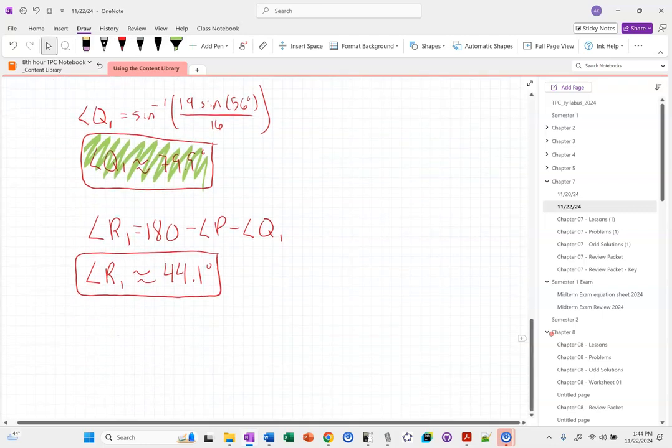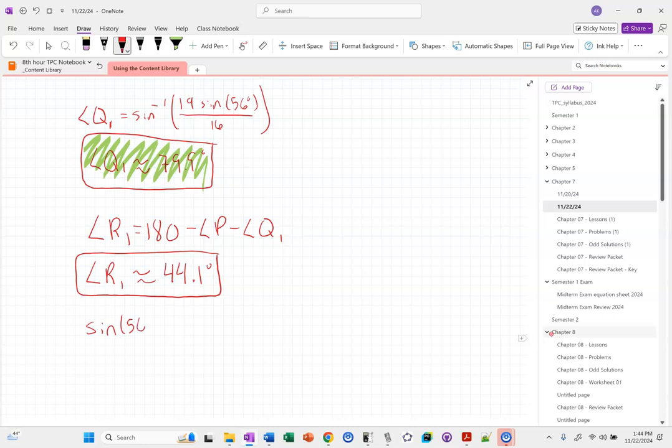Now that I have angle R, I can solve for side R. So again, I'll start with sine of angle P over side P equals sine of angle R1 over side R1. Oops, let me write in the number for angle R1. So far, so good.